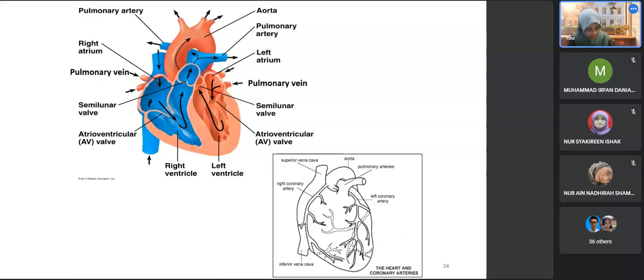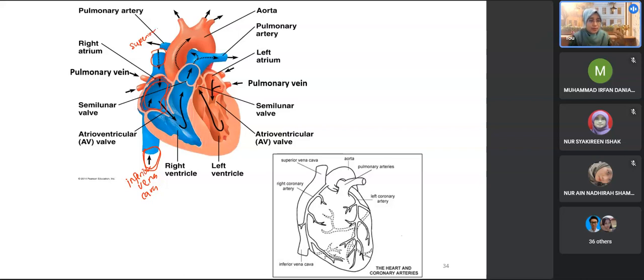The right atrium will receive oxygen-poor blood coming from here and also here. These are blood vessels: the inferior vena cava and the superior vena cava. The lower one is the inferior vena cava, and the upper one is the superior vena cava.